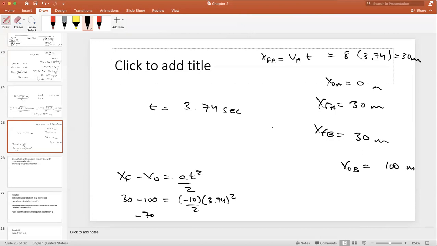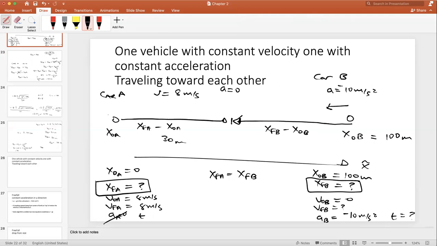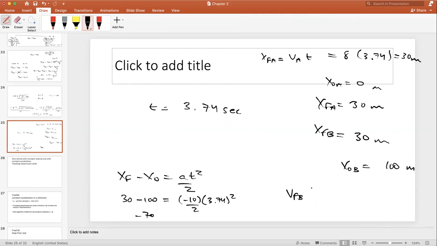Last thing that we can do is we could ask, what is the final velocity of car B when it gets to this point? And here's a weird thing. When it gets to that point, we know that x final of B will be 30. X initial of B would have been 100 meters.